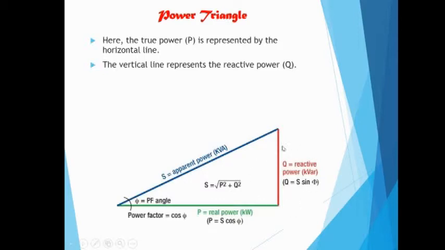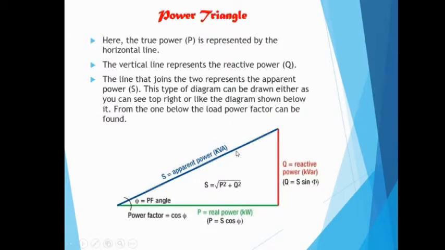True power is represented by the horizontal green phasor or vector, and it's the real power, measured in kilowatts or watts. The vertical line represents the reactive power, Q, which is generated by the inductance of the machine or component or appliance that you have in the circuit.